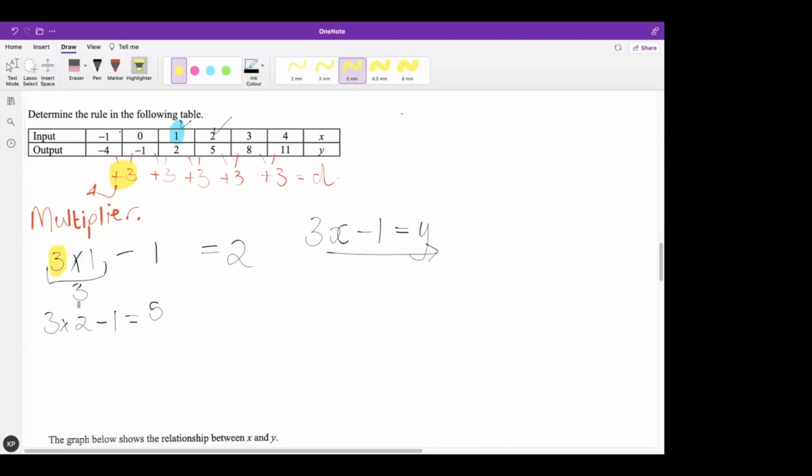Now 3 times 1 gives me 3. But now I have to look. I wanted an output of 2, not 3. So what do I have to do to this 3 to get to the output that I want? I can subtract 1. So now we have a temporary formula that sort of works, okay?